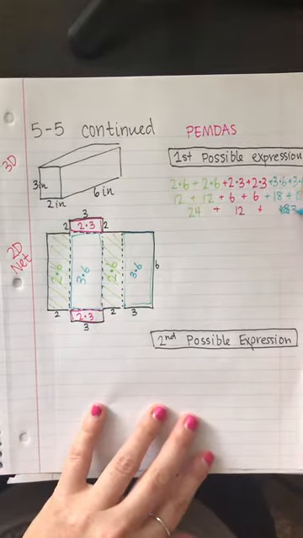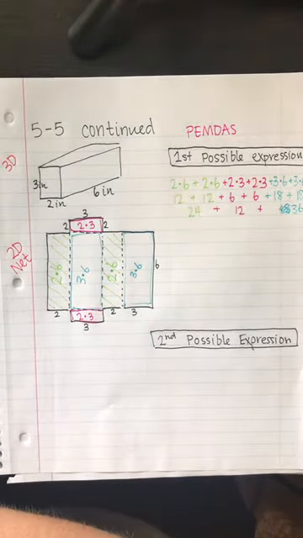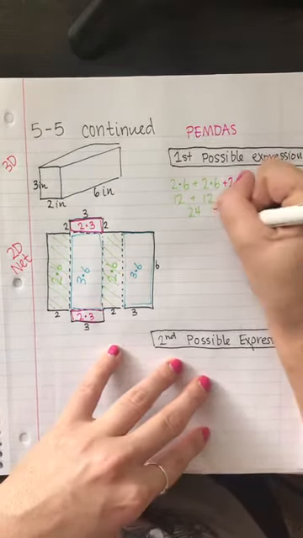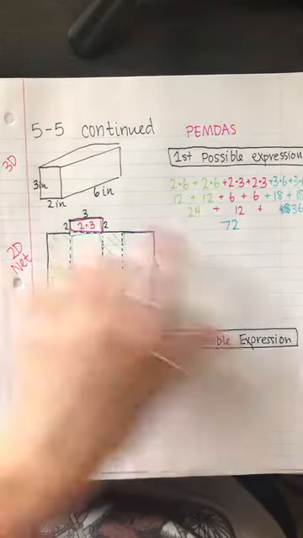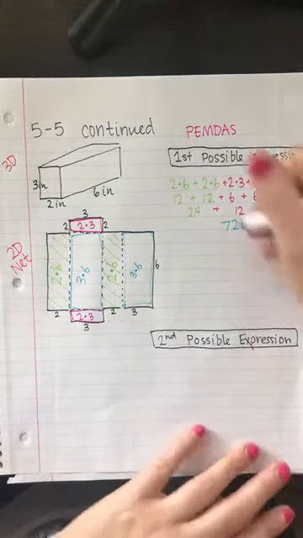There we go. Found my own error there. So I need to do 54 plus another 18. 8, 9, 10, 11, 12. For 72 total. And these are inches, and this is surface area, so it's just squared.